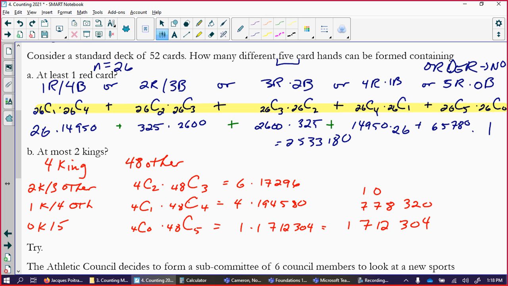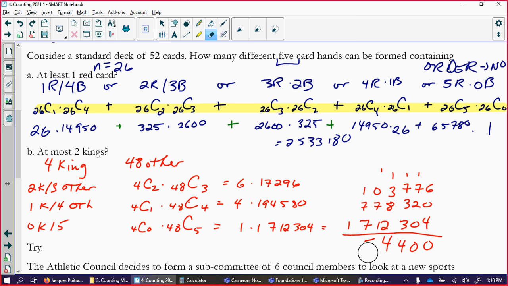Add them up, and there are 2,594,400 possible hands. Why on earth would you want at most 2 kings? Normally it's like, hey, I want 2 kings and 3 aces, because that's the best full house you can get in poker.